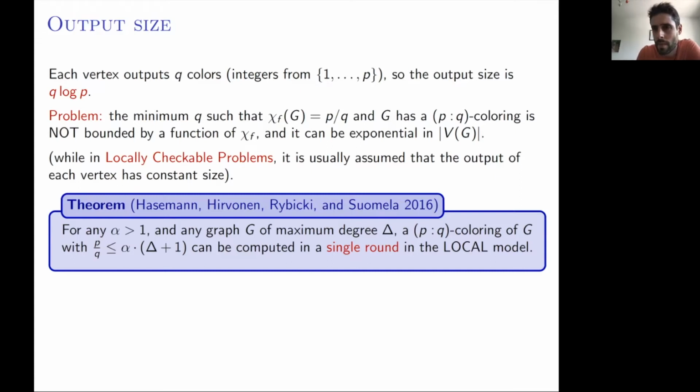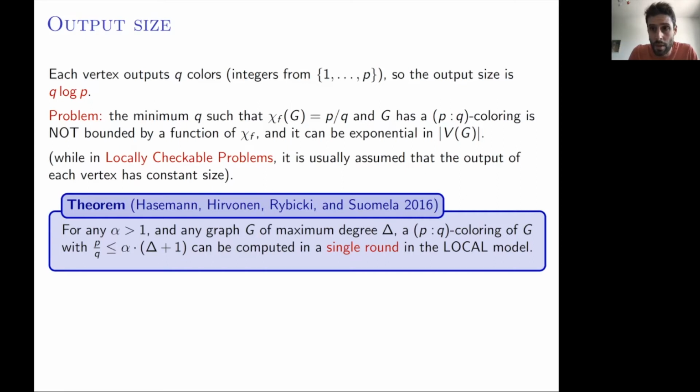You know that any graph of maximum degree delta has a delta plus 1 coloring, and you can always find that pretty efficiently in the LOCAL model in log star n rounds. So what was proved here is that if instead of coloring, you just want a (p,q)-coloring, and you want this fraction p over q to be bounded, then you can do a little bit more than delta plus 1, any constant times delta plus 1.